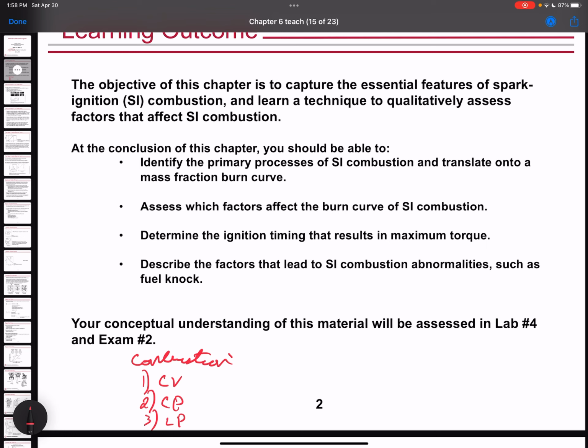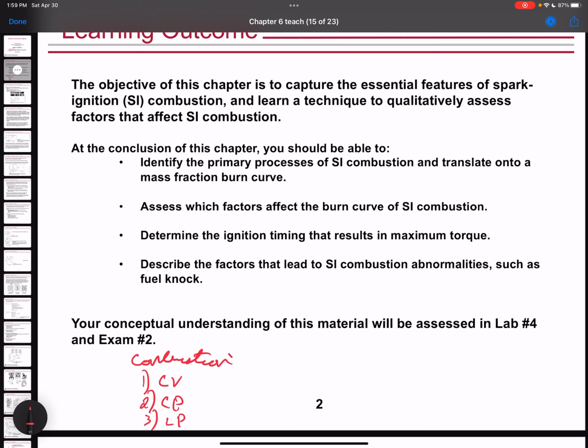Even if we have the most reactive fuel and we introduce the fuel in such a way that it reaches a reaction temperature at the moment that we want it to burn, it's still going to require a finite amount of time to commence that ignition process and generate the radicals that are needed to lead to combustion and eventually do what we call the high temperature heat release, or the exothermic reaction, where we oxidize carbon monoxide and we oxidize OH, the OH radical, and that's where we get our most substantial exothermic heat release, which is, of course, the raising of temperature and pressure within the cylinder and allows us to have a work transfer process during the expansion stroke.